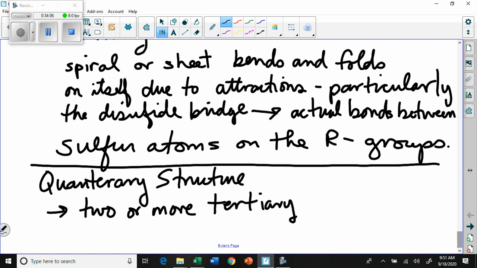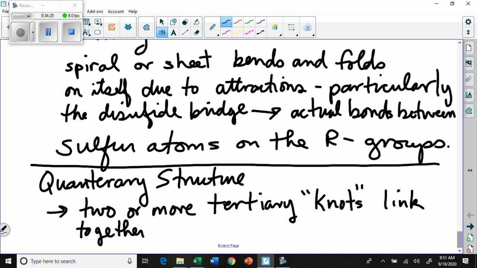I'm going to call them knots because that's what they look like, right? They're like twisted chains. Two or more tertiary knots linked together in a complex tangle. And that's the fourth level of structure for proteins.